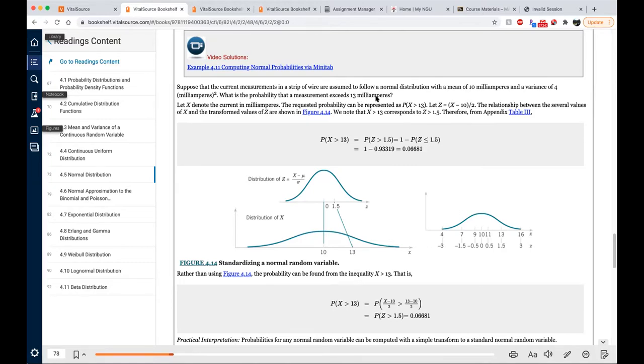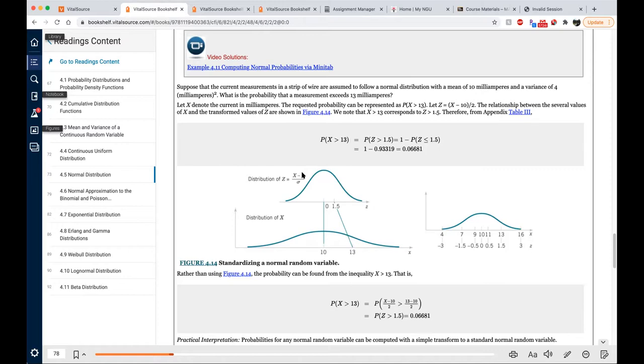So let's say this is the graph of the normal distribution of that current measurement. See here, 13 is marked. Now what are you going to do? We want to transform that normal distribution to the standard normal distribution using the formula Z equals X minus mu over sigma. This plays the role of a change of variable.